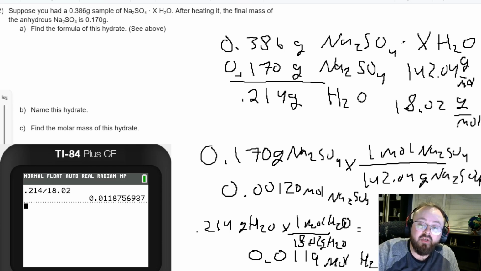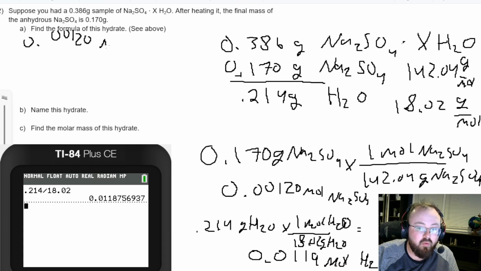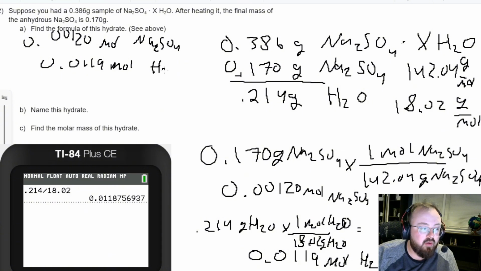When we make this ratio, what we're saying here is that for every 0.00120 moles of Na2SO4, I have 0.0119 moles of H2O.